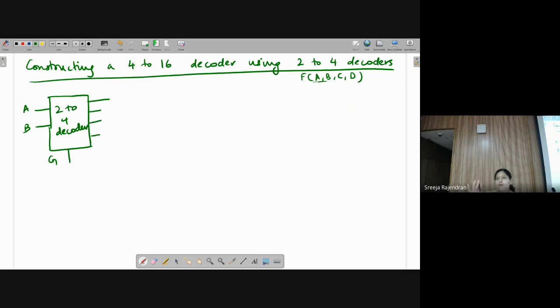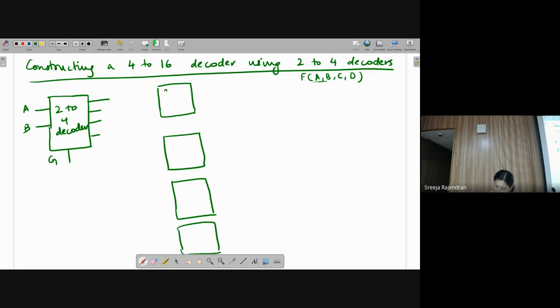Now, if I'm using the normal logic, that is, a signal goes high, and I have 4 decoders here, two, three, four.